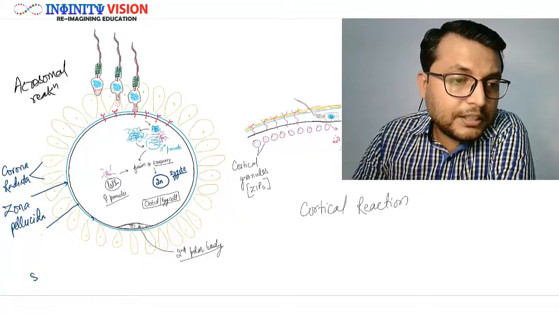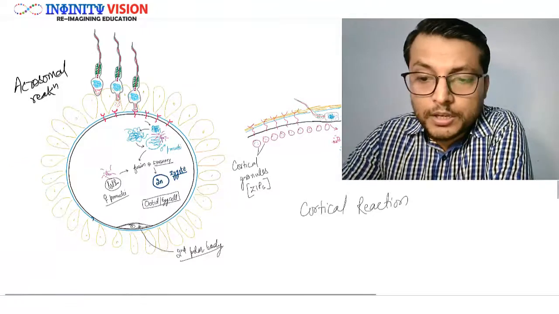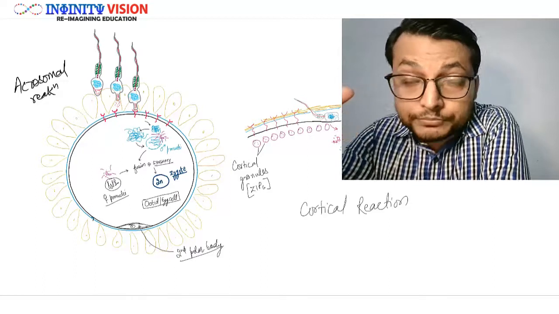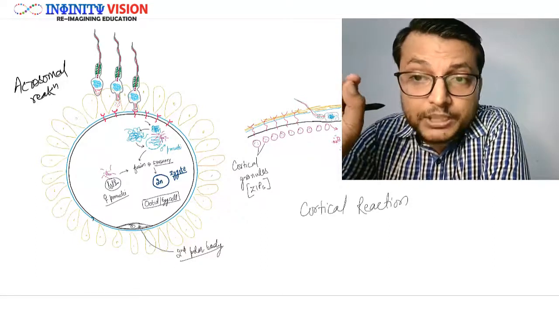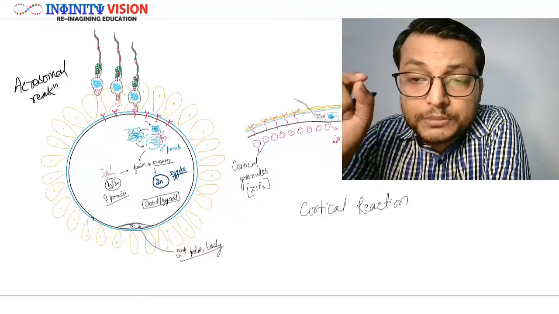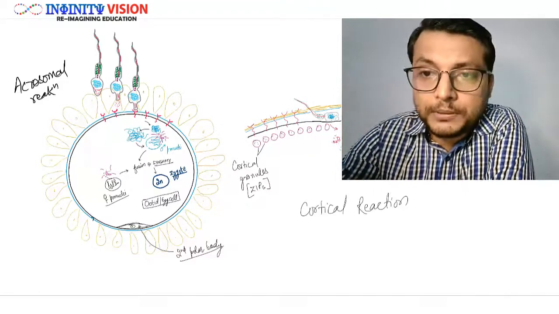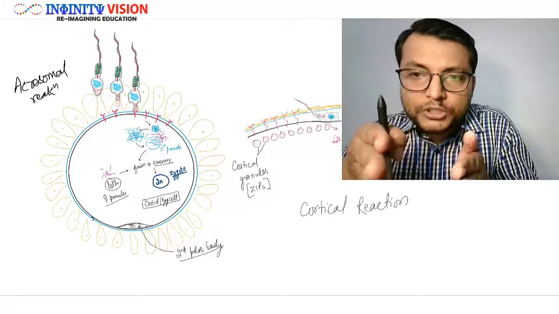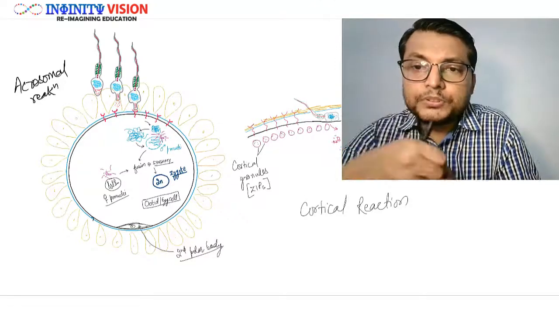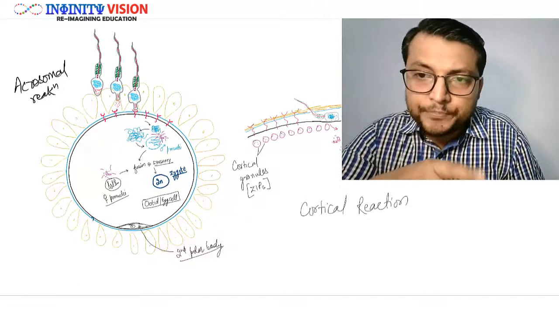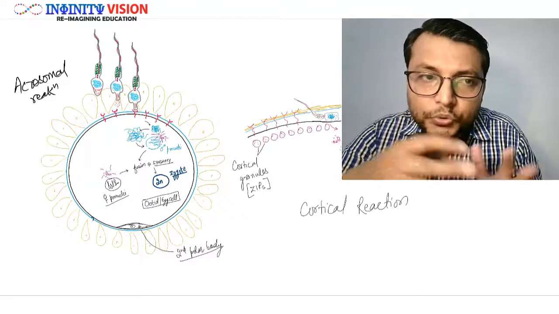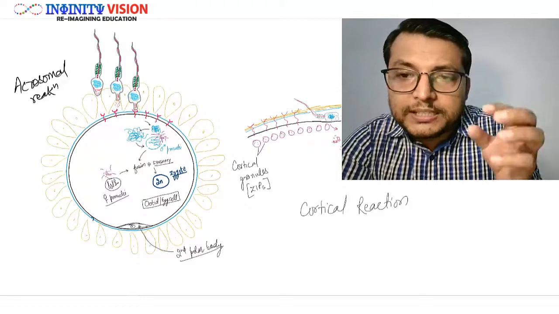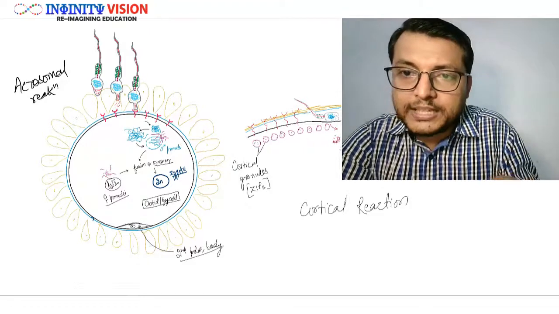As the fastest sperm reaches the ovum, remember the fastest, or the first sperm to reach the ovum, what happens? It passes through the layer of corona radiata, and in order to get through this layer, it releases its acrosomal enzymes, right?